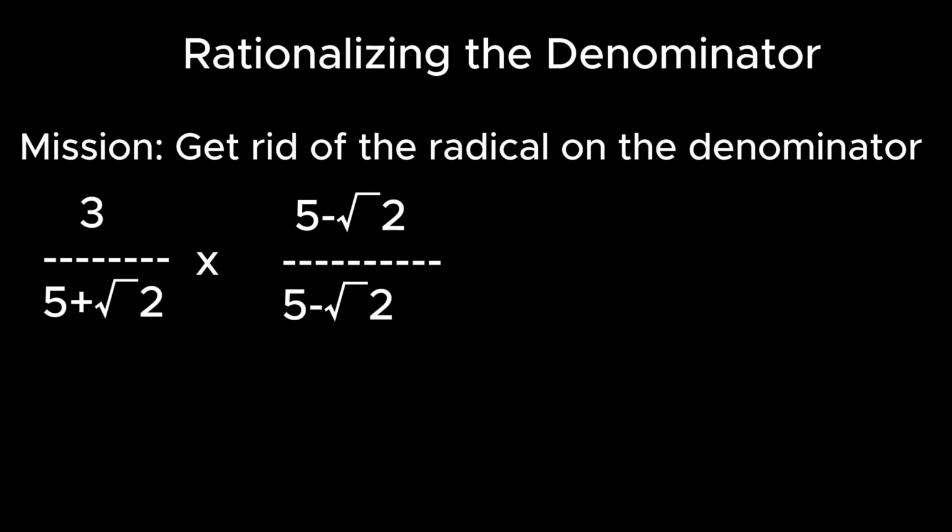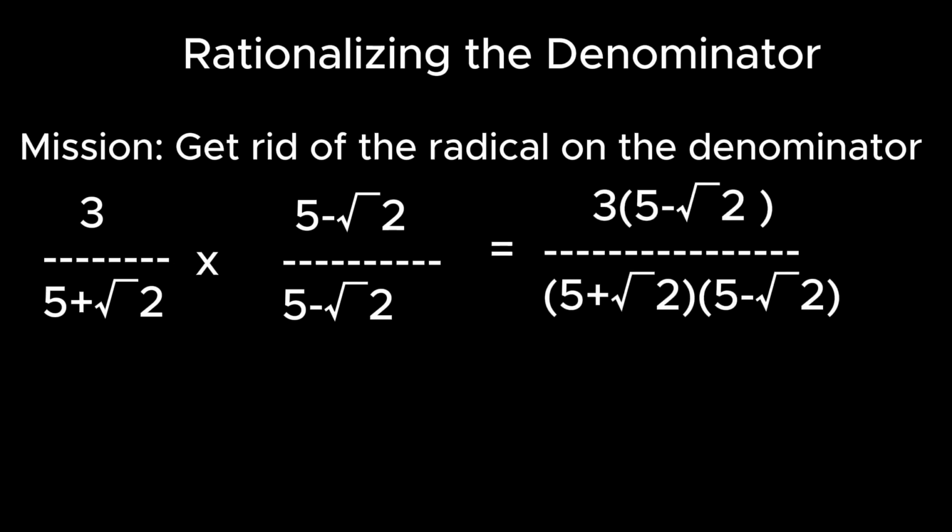So for the numerator, we just use the distributive property. So 3 times 5 is 15. 3 times negative radical 2 is negative 3 radical 2. And for the bottom, all you have to do is FOIL. So 5 times 5 is 25. 5 times negative radical 2 is negative 5 radical 2.